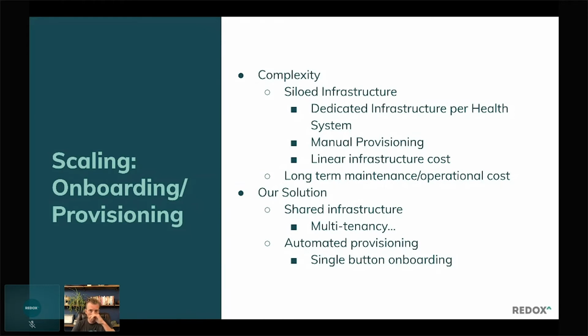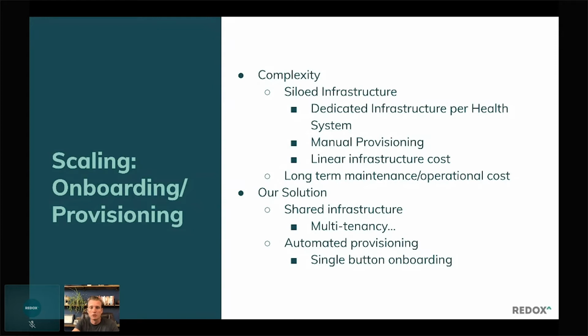Our goal was that a single person, not even from our engineering team, but from our product delivery team, could hit a button and deploy and provision the infrastructure in order for a new health system to be onboarded to start ingesting and persisting their data.